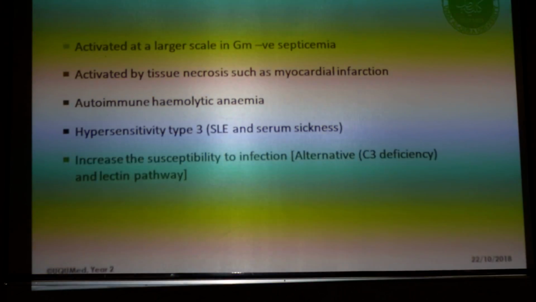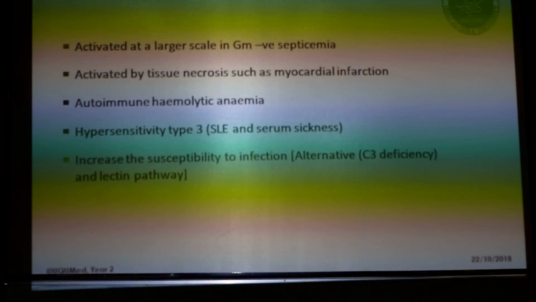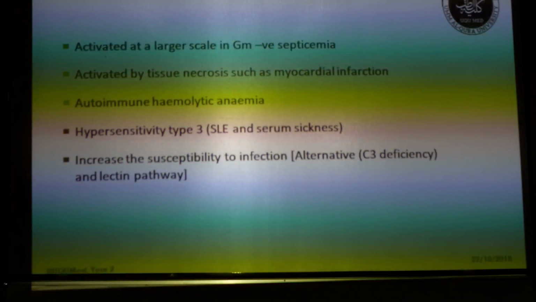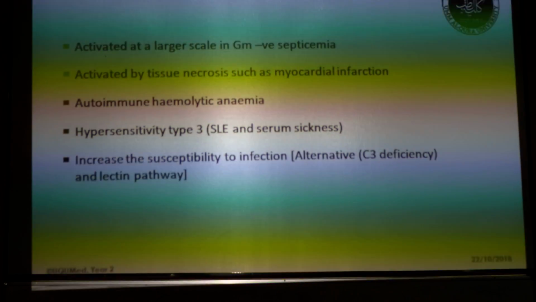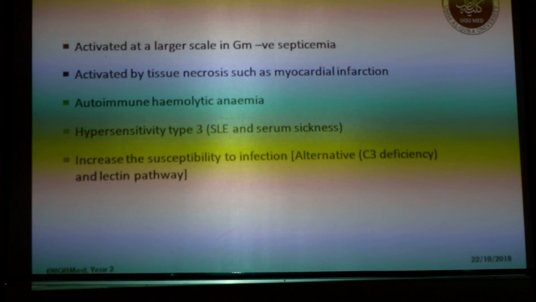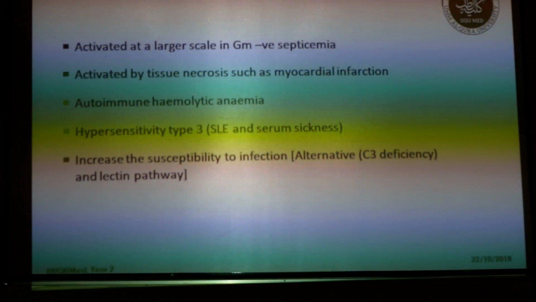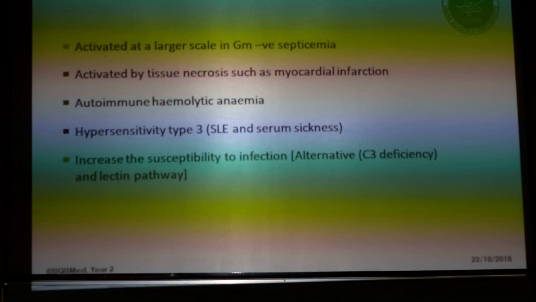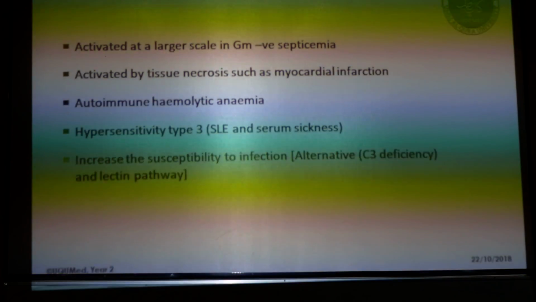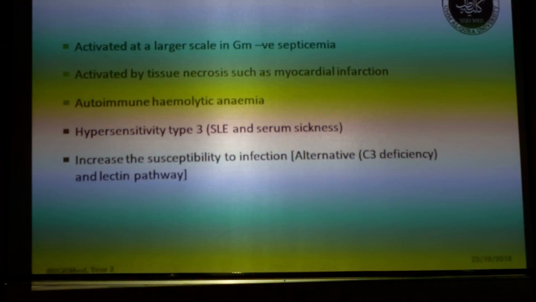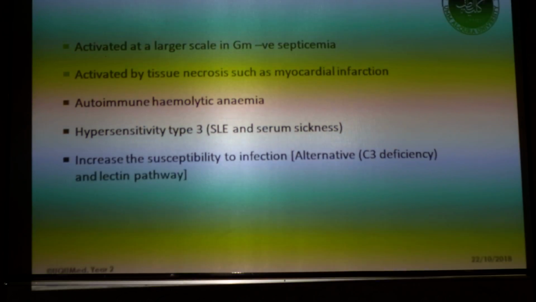So whenever the levels of complement proteins are measured, they will be found reduced in disease. Okay, that's very important, and the reason is because it is consumed, it is used up. Then in myocardial infarction, when there is tissue damage, the classical pathway can also be activated by dead cells. So immediately after myocardial infarction, if you check the complement levels in the blood, they will be reduced again because they have been used.